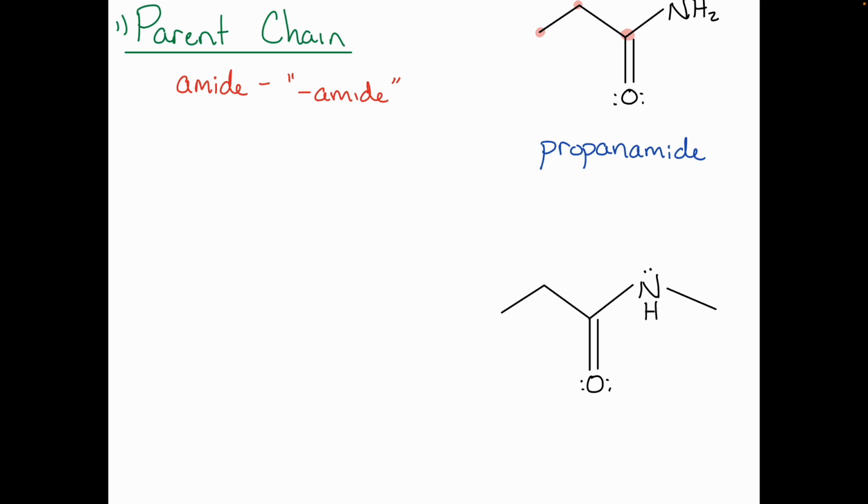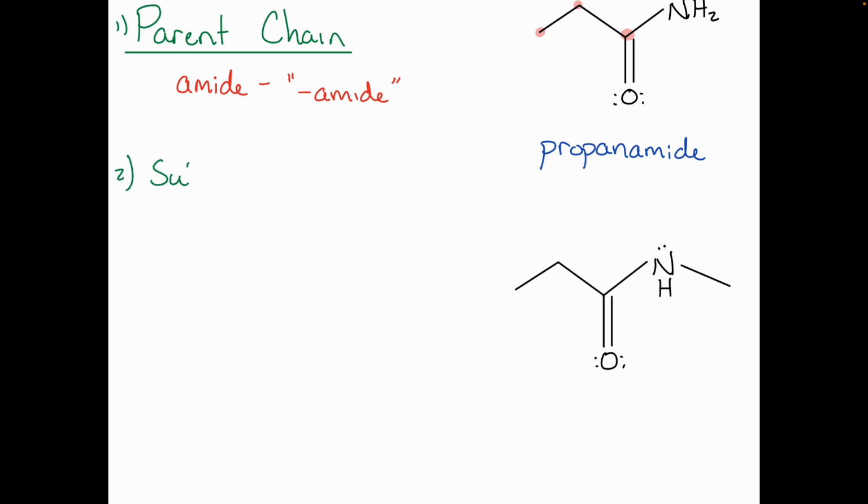So what if instead we had a secondary amide here where my nitrogen was bound to a methyl group, or rather there's a methyl group bound to my nitrogen. All right, so now we do want to make note in our substituents section here.